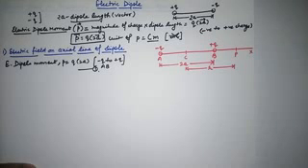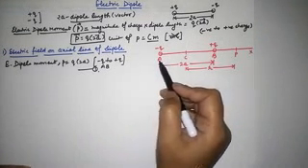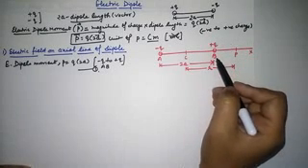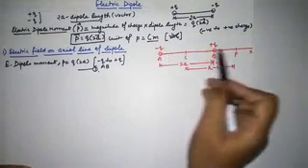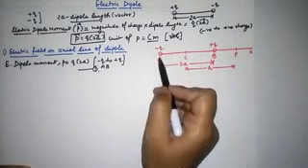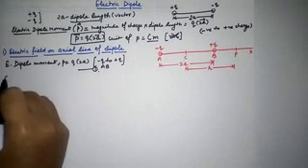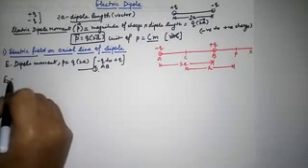Now how many electric fields are acting at P? Two. One is due to the charge at A and the second one is due to the charge at B. So let us take the electric field at P due to the charge at A. Suppose its value is EA.